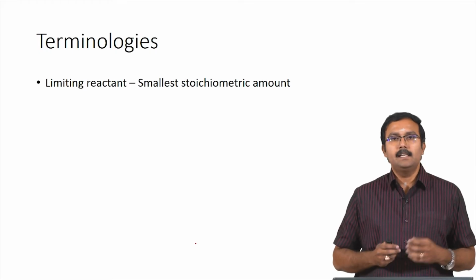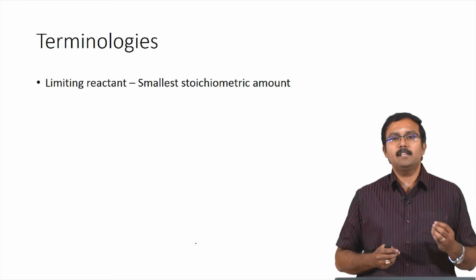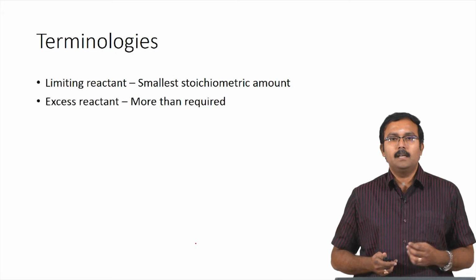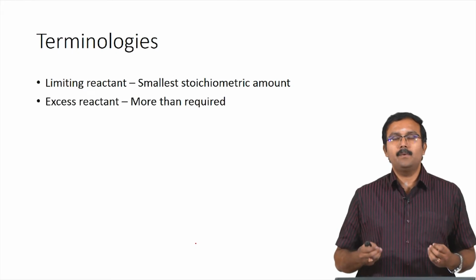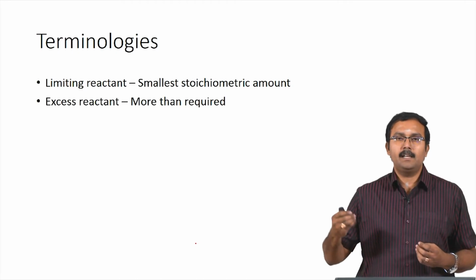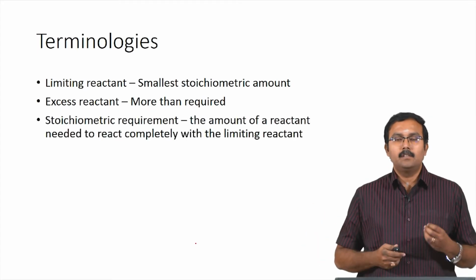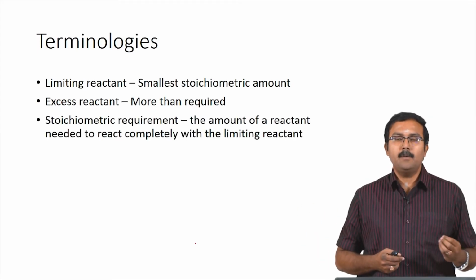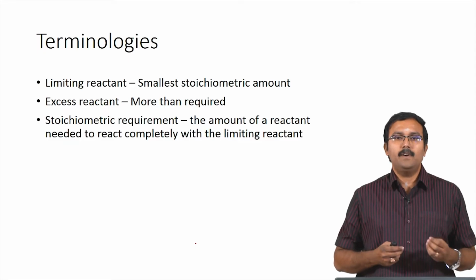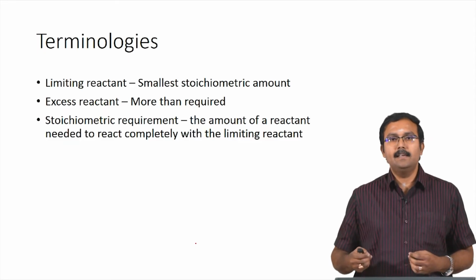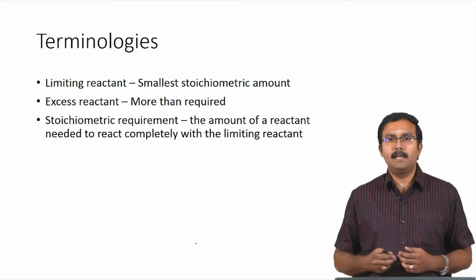Limiting reactant is the reactant which is supplied in the smallest stoichiometric amount, and you have excess reactant which is the one which is supplied at a ratio more than what is required. The stoichiometric requirement is a terminology which is used to define the amount of a reactant that is needed to react completely with the limiting reactant.